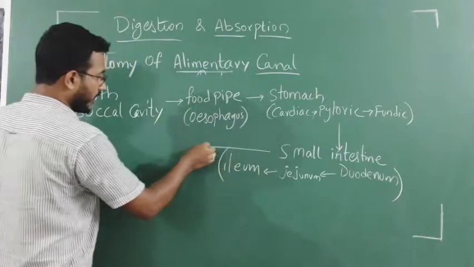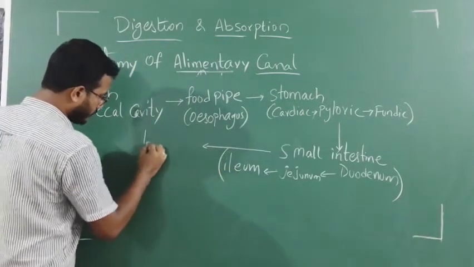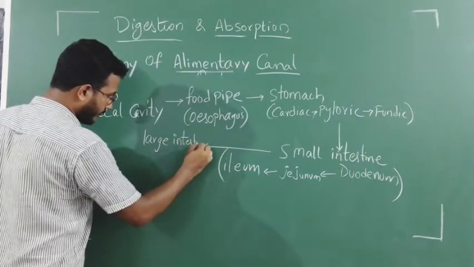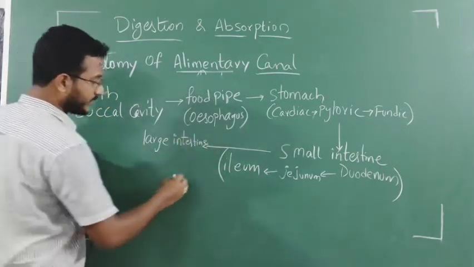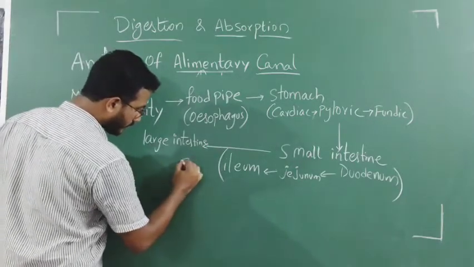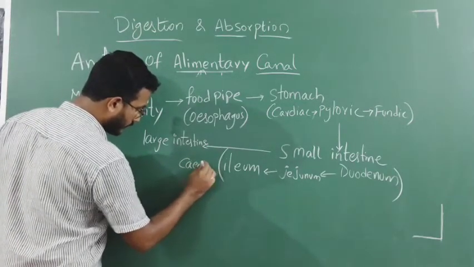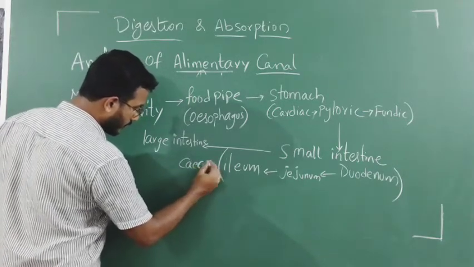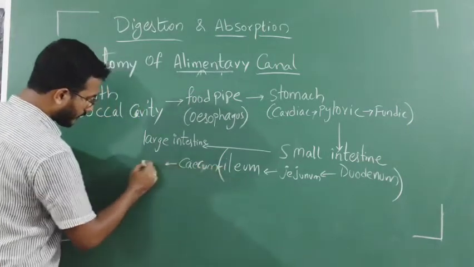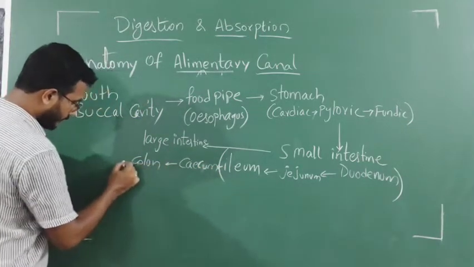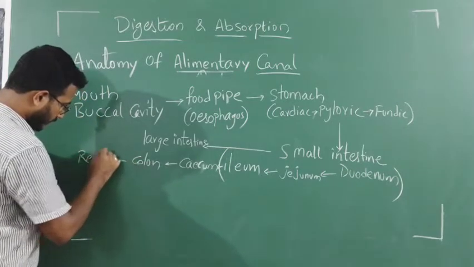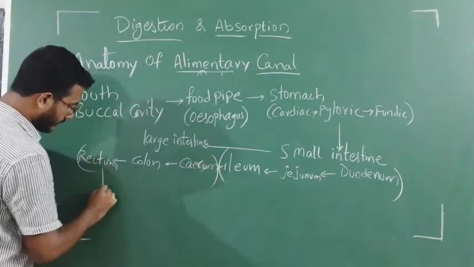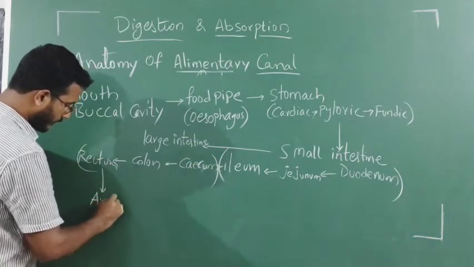Now, the small intestine leads to the large intestine. The regions are the cecum, colon, and rectum, and finally from the rectum it leads to the anus.